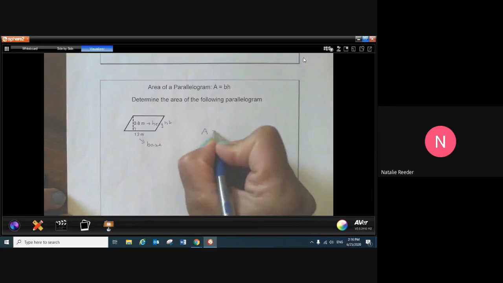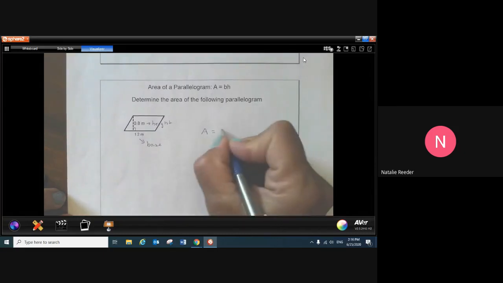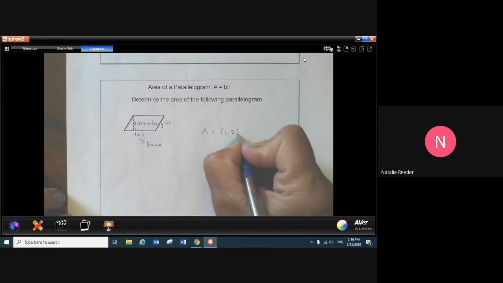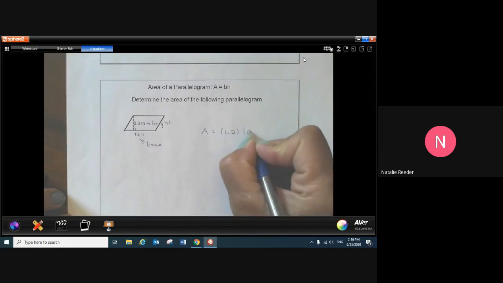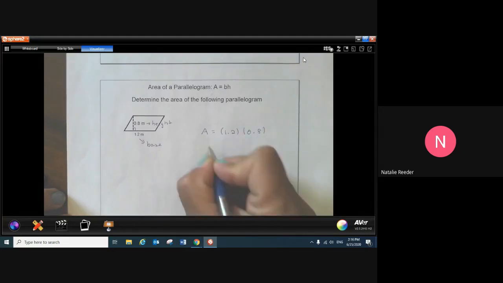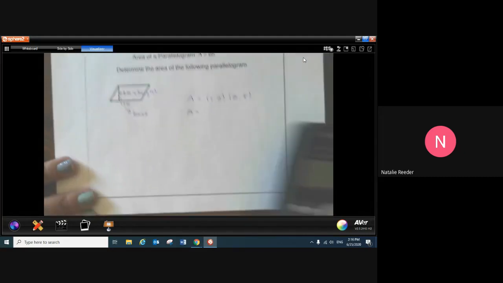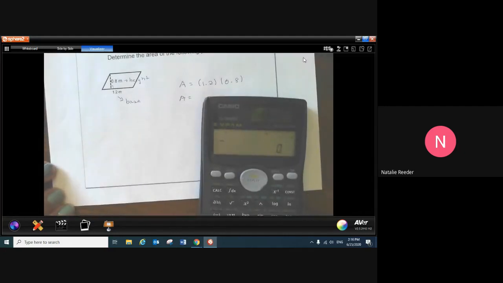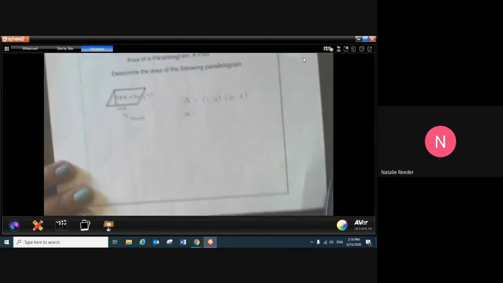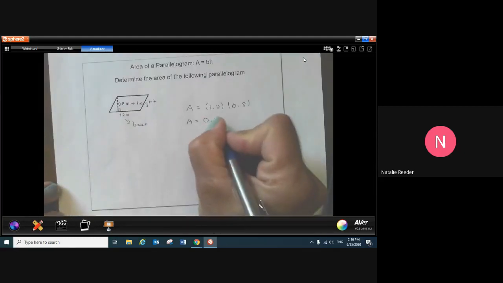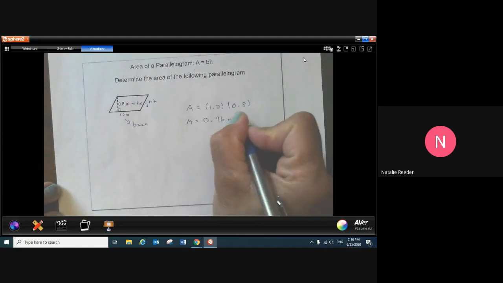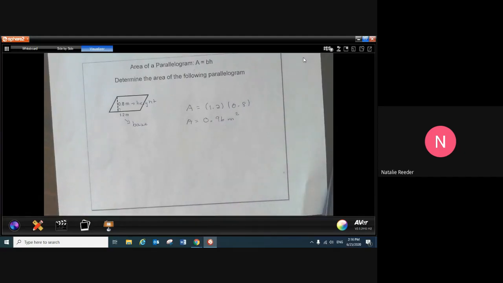We could put those two measurements into our formula, our base, 1.2, multiplied by our height, 0.8. Take our calculator. 1.2 times 0.8 is equal to 0.96. So 0.96 meters squared is the area of your parallelogram.